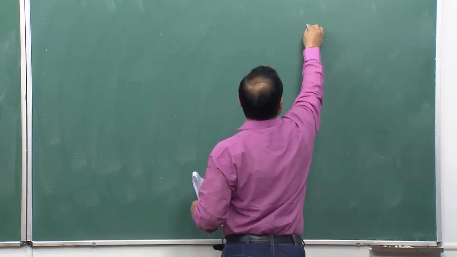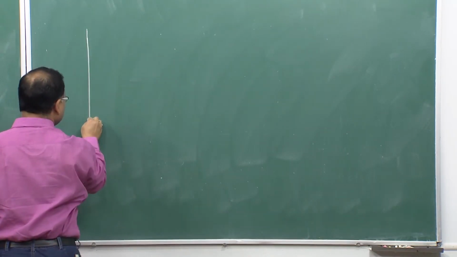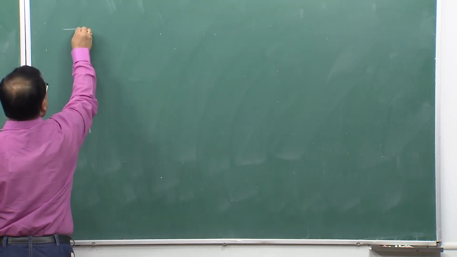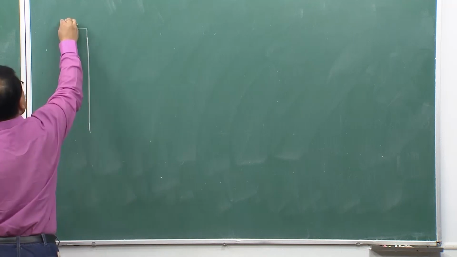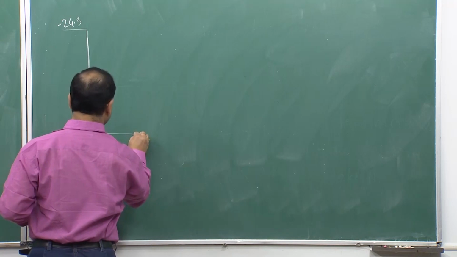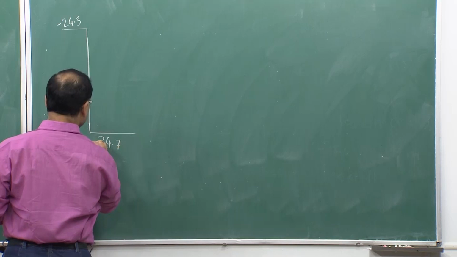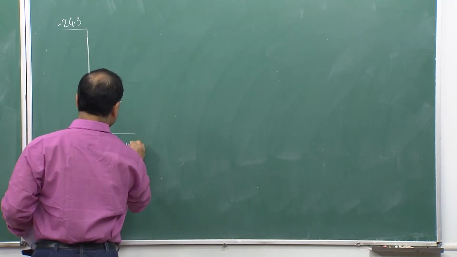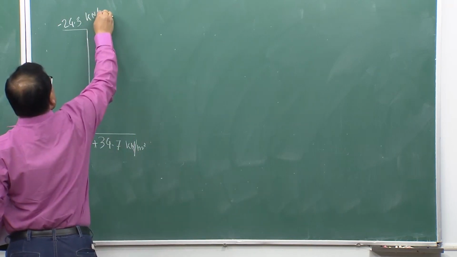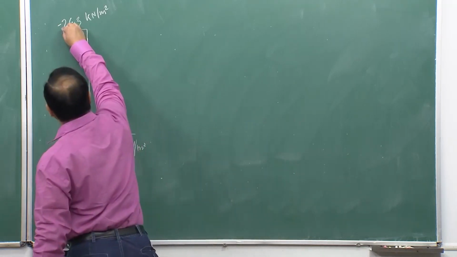That means, if this is the wall, the total depth of the wall, I know this is my minus 24.3, and this I know is plus 34.7 kilonewton per meter square. This is also kilonewton per meter square.